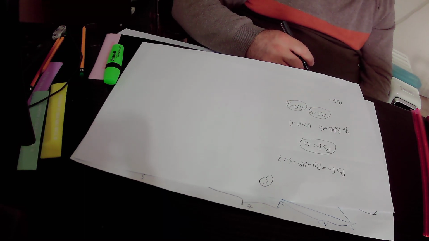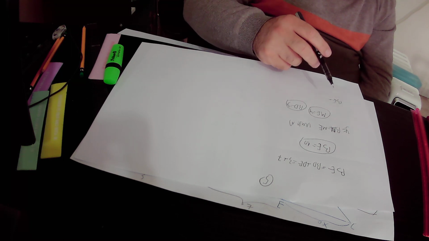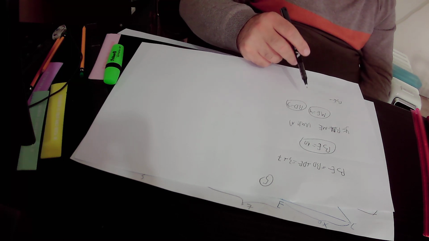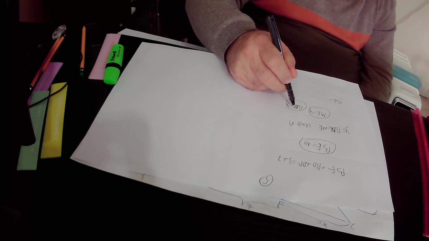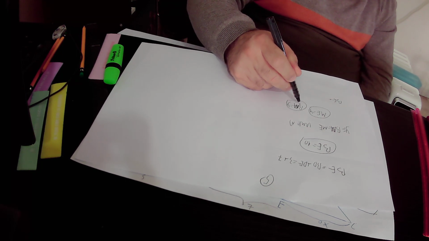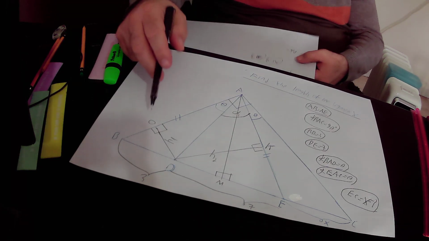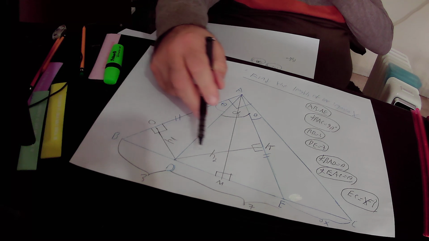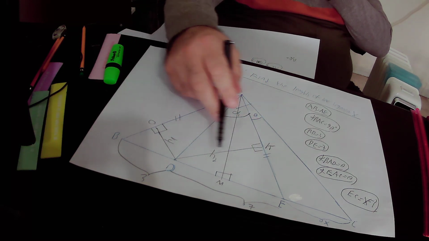And so if we define BM as Y, then ME will also be equal to Y. Again, if BM equals Y, then ME will also be equal to Y. Why? Because they are equal to each other.